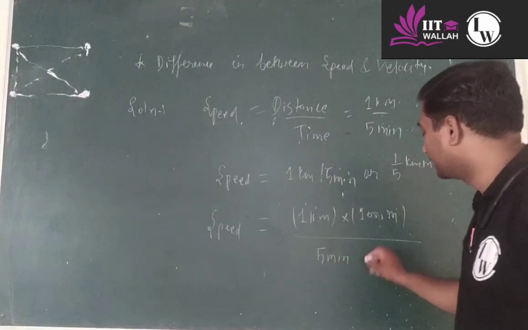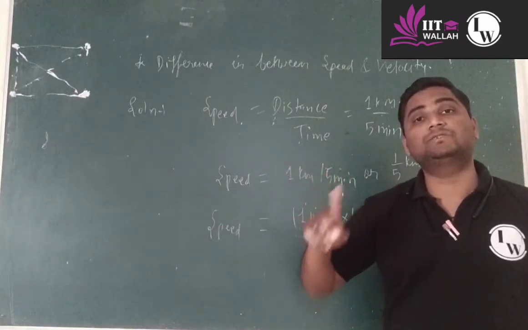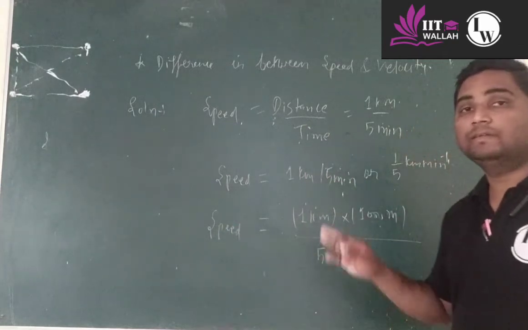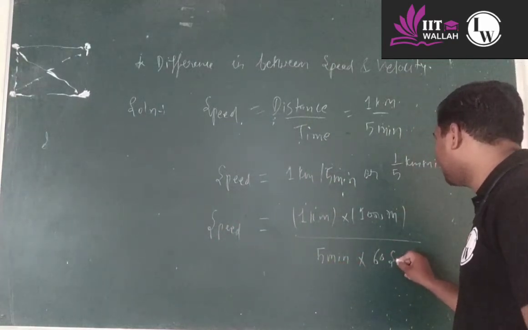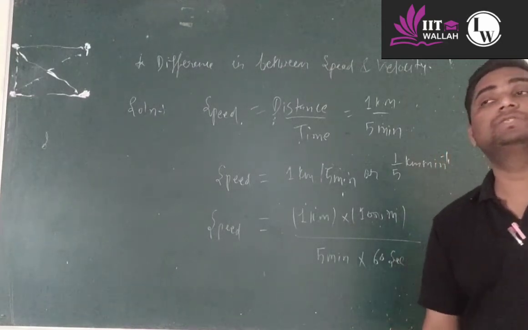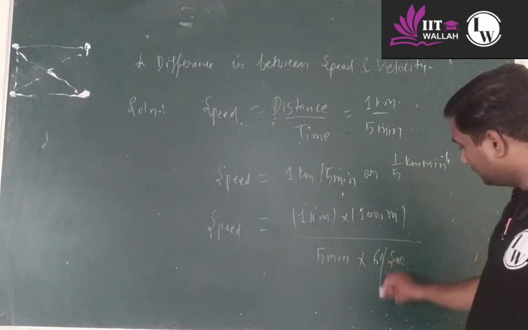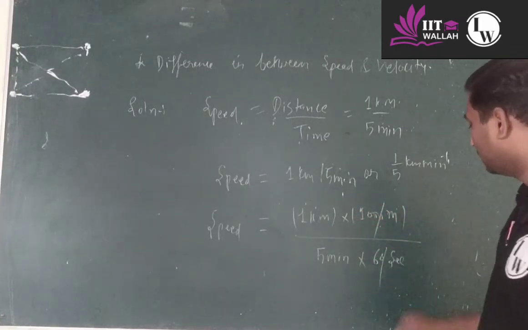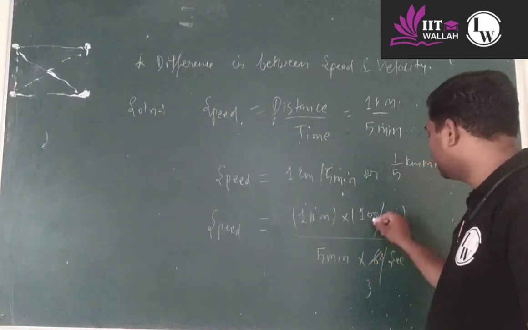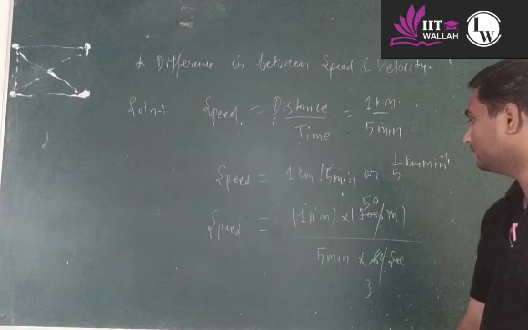So 5 minutes is equal to how much second? Multiplied by 60. 5 minutes into 60, now this 5 minutes is converted into second. Now solve it. 1 0 cancel out. Now 2 3 is 6, and 2 5 is 10, so this will be 50.